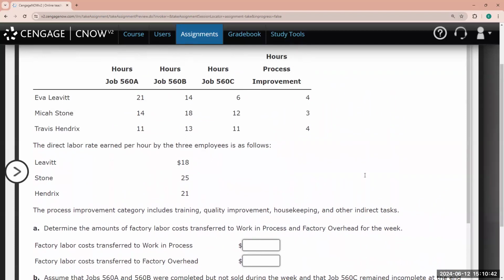So in order for us to determine this information, we need to factor in, okay, what's the cost? So one key thing that we see here is hours for job 560A, B, and C. These all pertain to our direct labor in this case. So these hours pertain to our direct labor.